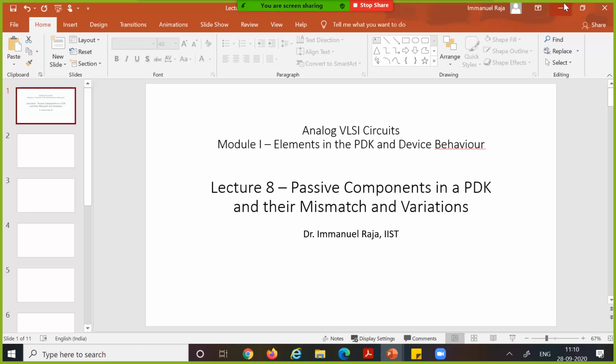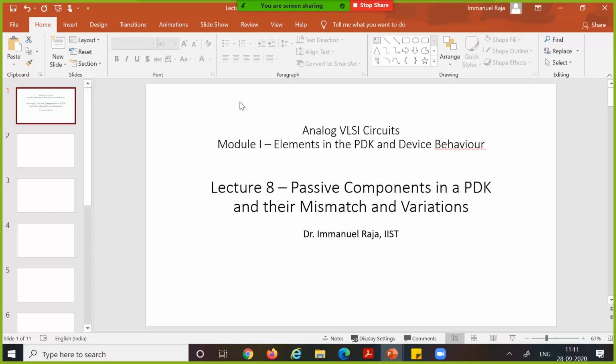These bond wires, because they are pieces of metal wire, will have their own inductance as well as their own resistance. That always is modeled whenever you design a chip. At the top level, you have to make sure that these package parasitics are modeled, the bond wire resistance and the bond wire inductance and so on.